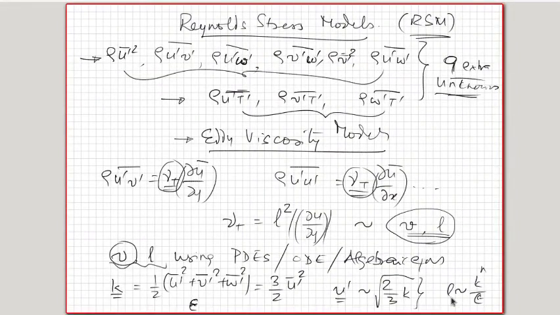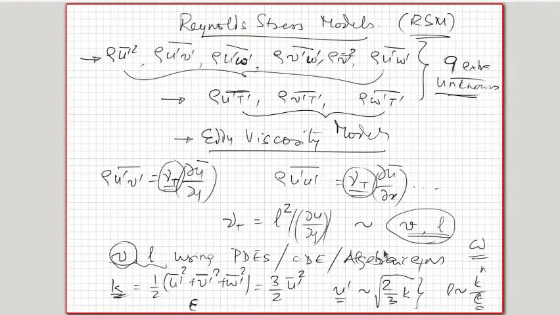So that would give you a length scale. These are the ways in which the scales are specified, and you may calculate this k and this epsilon, or in place of epsilon there can be a certain term called omega, which is the volumetric dissipation rate, which will be epsilon per unit volume or something like that.